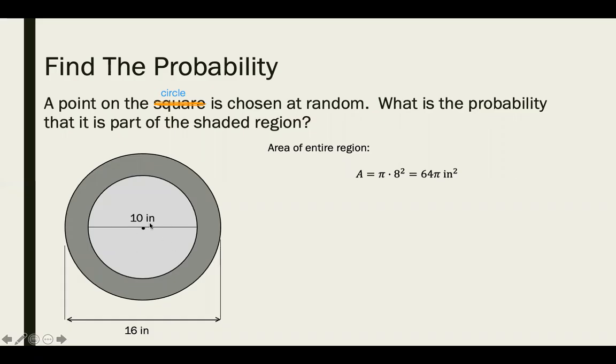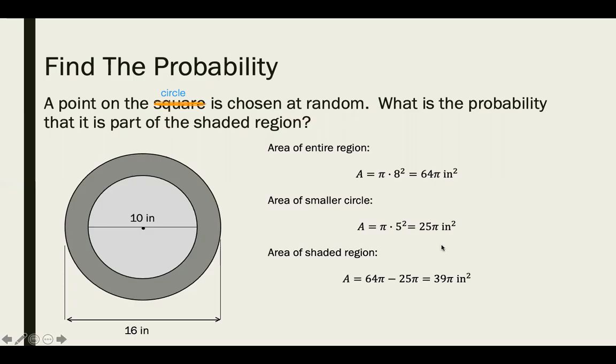So first we actually need to find the smaller circle. Well, that's a circle with a diameter of 10 or a radius of 5. So that gives us pi times 5 squared, or 25 pi. So to find the area of the ring, we would need to subtract these values and get 39 pi, right? Because to get this ring, it would be the entire circle minus the little circle.